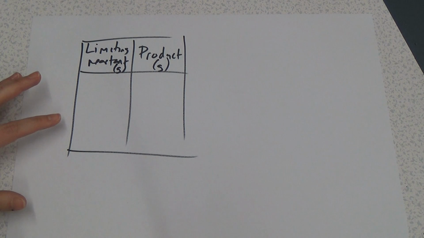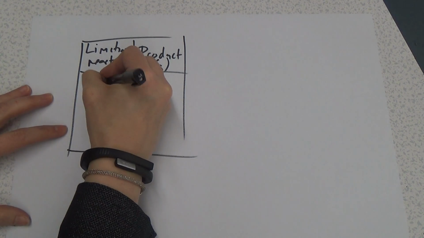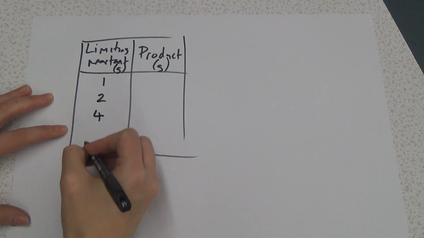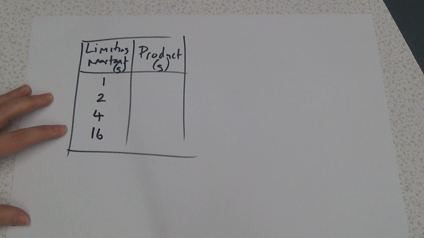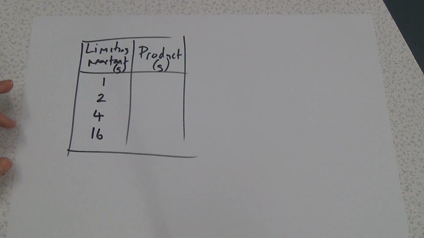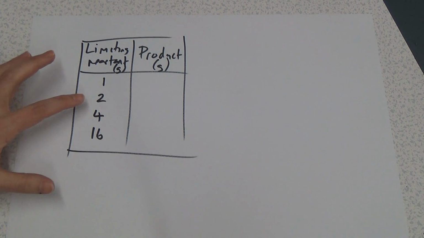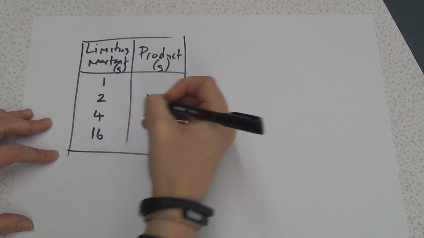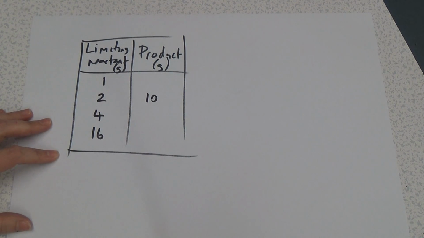In the case of our limiting reactant, let's just say we have 1 gram reacting, then we have 2, then we have 4, and then we have 16. Generally, you'll be told one of the product amounts. So let's just say, for example, that 2 grams produces 10 grams of product once it has reacted. That's where you start to then look at the relationship between those values.